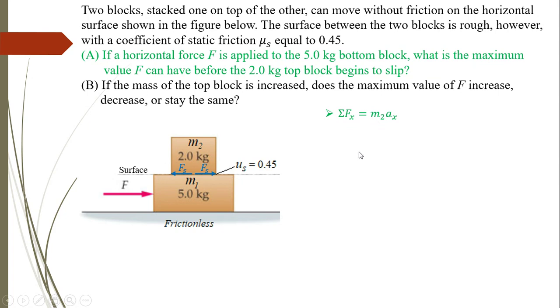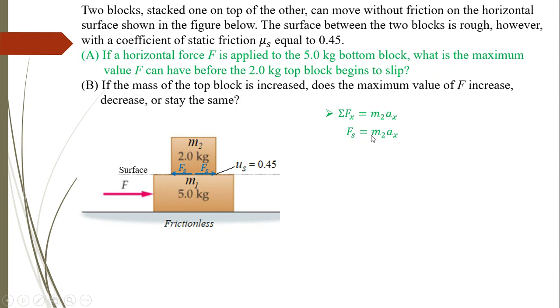I need to figure out how much acceleration M2 can handle because I'm pushing the bottom block, and M2 is just going to move as a result of this static frictional force. So the net force acting on M2 is simply this F of static pointing to the right. If I'm looking at M2, there's only one force I can use, this F of static.